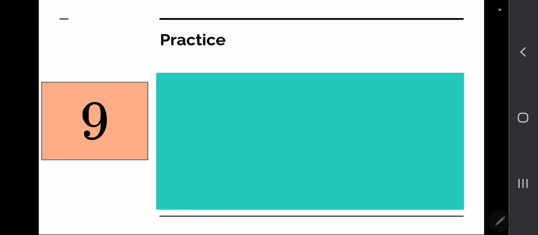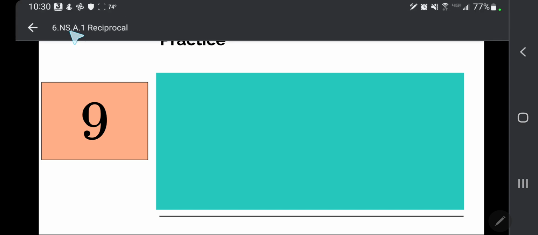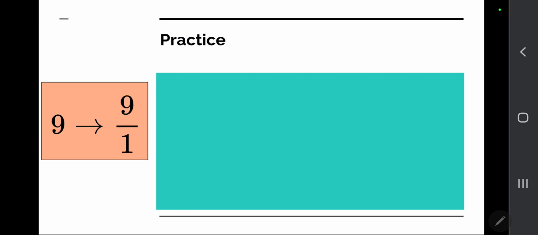All right, we have 9, the whole number 9. You can take any whole number and put it over 1 to turn it into a fraction. So if we have 9 turned into a fraction, 9 over 1, let's work with this. Alrighty, and let's find the reciprocal of 9 over 1.